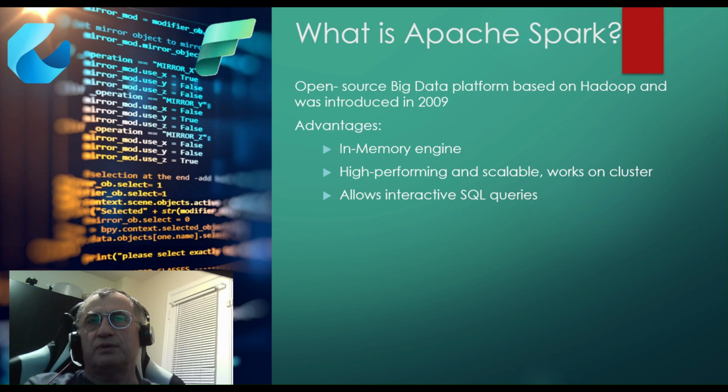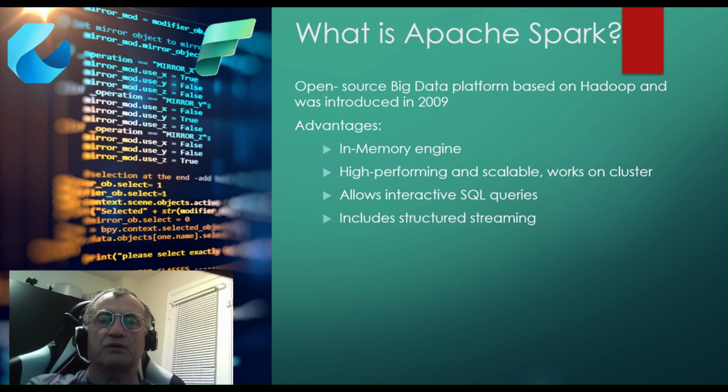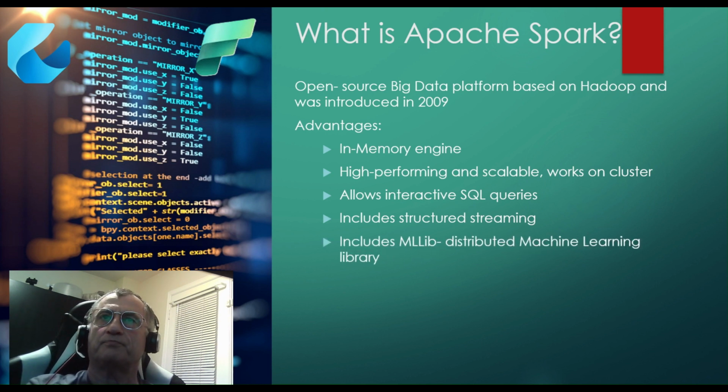Unlike Hadoop, Spark allows interactive SQL queries. It also includes structured streaming, which allows you to build low latency real-time pipelines. Finally, Spark also includes machine learning libraries like MLlib, which works on distributed clusters.